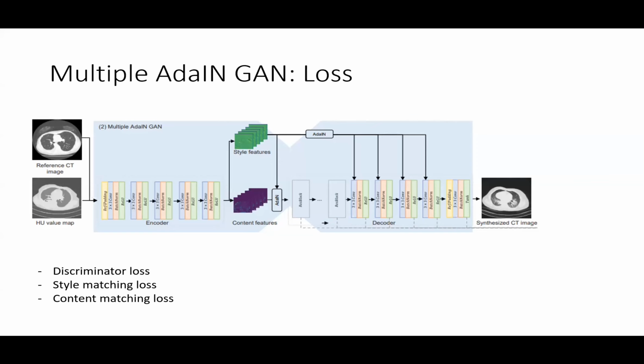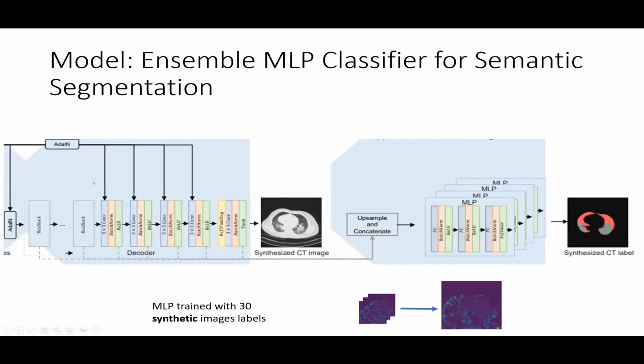And next up, we're going to want to generate the CT label, so the mask. So here we have an MLP. The MLP is trained with 30 synthetic images and labels.